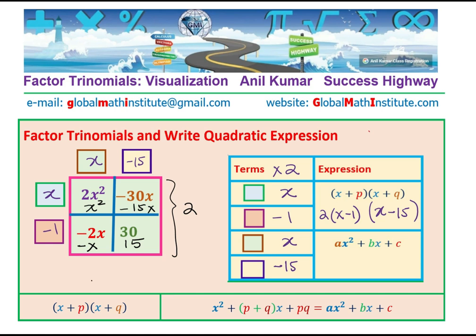Now, as far as the standard form is concerned, you could write the original numbers, which is 2x squared minus 30 minus 2 is minus 32x and plus 30. However, as you can see, you could also common factor 2 and rewrite this as x squared minus 16x plus 15.